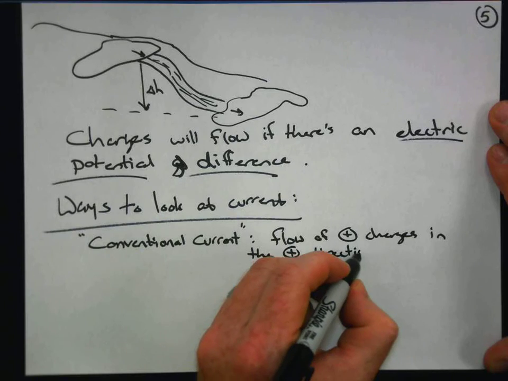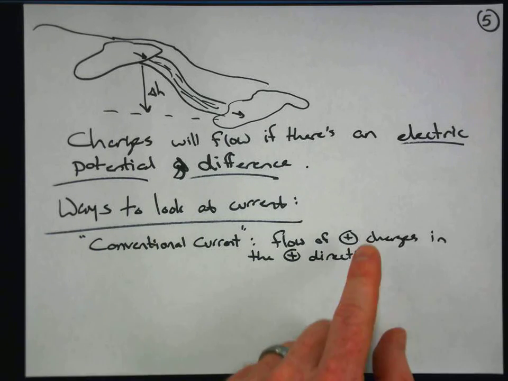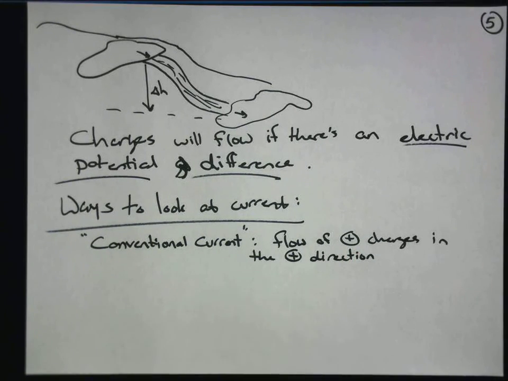Okay, fine. But think about a metal wire. It's a good conductor, made up of all these atoms. Let's say it's a copper wire, made up of a bunch of copper atoms. The atoms are all kind of stuck together, but the electrons are free to move. That's what makes it a good conductor. The electrons are what move, and the positive charges in the copper atoms are kind of stuck.